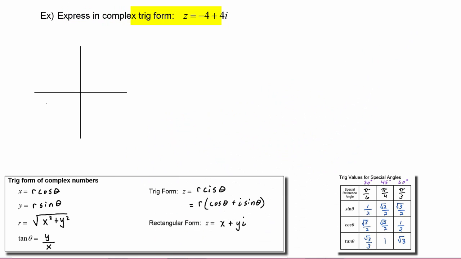So the real part is -4. The imaginary part is +4. Here is z. This will be r, and this will be theta.